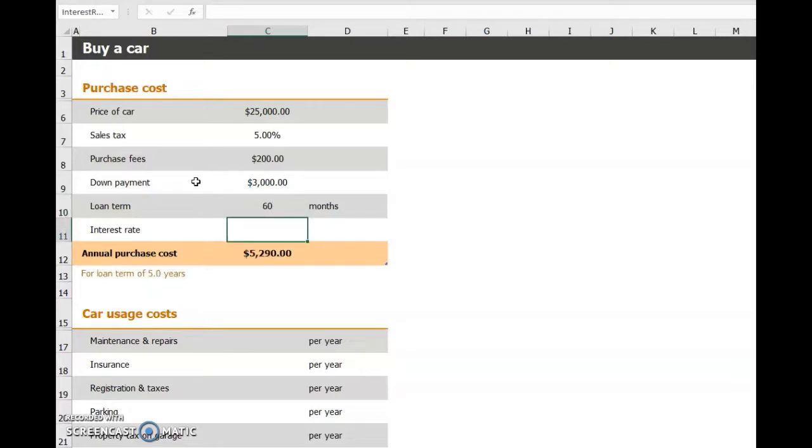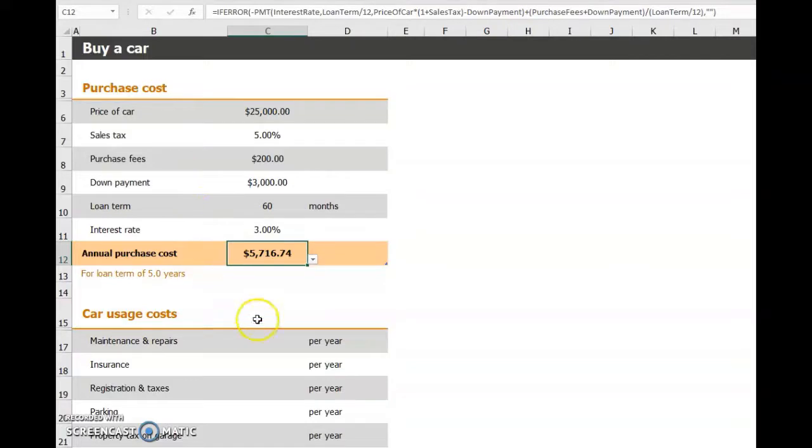And interest rates are relatively low right now, so let's just go ahead and put 3%. So in terms of your annual purchase cost for right now, we're at $5,716.74. That includes the breakdown of the price of the car and all of these fees and taxes that are listed here.